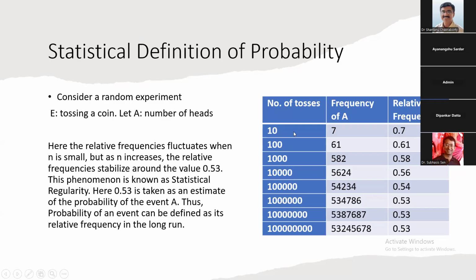In this way, if we increase the number of tosses from 10 to the power 1, 10 squared, 10 cubed, up to 10 to the power 8, then the probability gradually tends to 0.5, proving the coin is unbiased. So this is a very interesting example. That means if we go for a large sample, our result will be closer to unbiasedness.